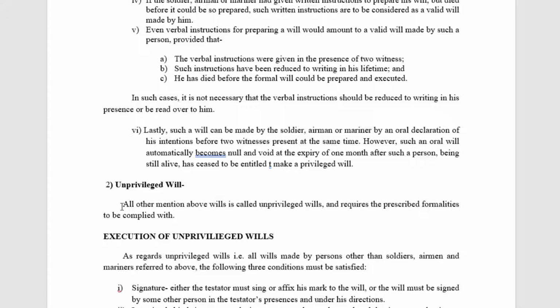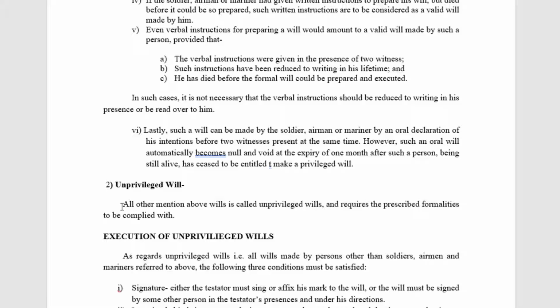With regard to the privileged will, we can find the provisions on who can make it under section 65. Under section 63, we can find who can make the unprivileged will. Under section 63, we can also find the kinds of will; here we can see the unprivileged will.